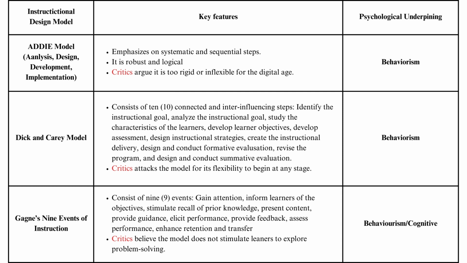The next model is Robert Gagne's 9 events of instruction. This model is both behaviorist and cognitive in its psychological approach to learning. Critics usually believe that the model does not stimulate learners to explore problem solving.